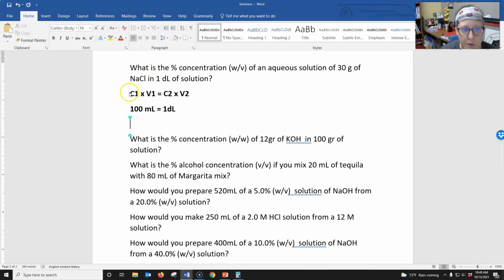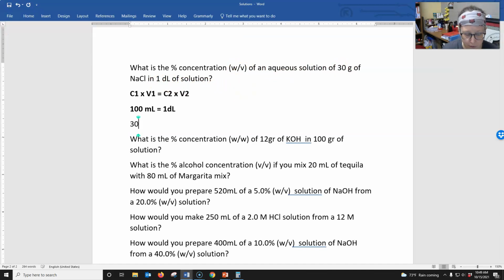For all of these, we're going to use a lot of C1, V1, C2, V2. So the percent concentration, weight over volume, of an aqueous solution of 30 grams of sodium chloride in 1 deciliter of solution is just going to be the 30 grams over the 100 mL. So basically, you're going to do 30 divided by 100.